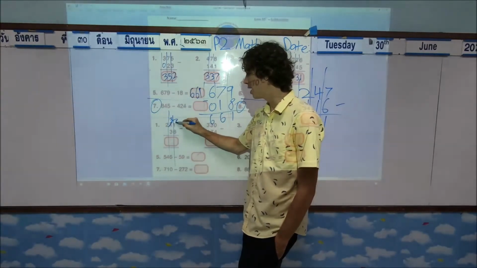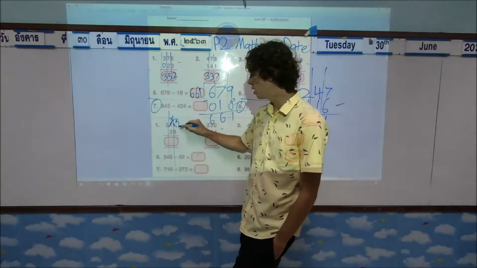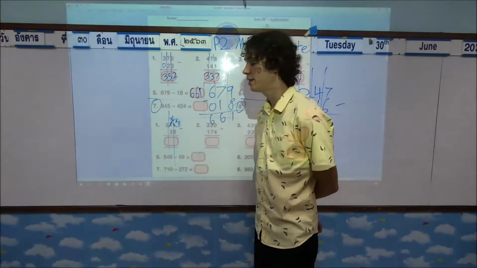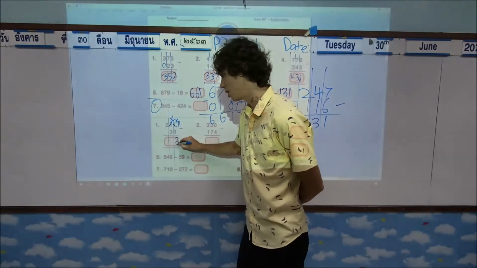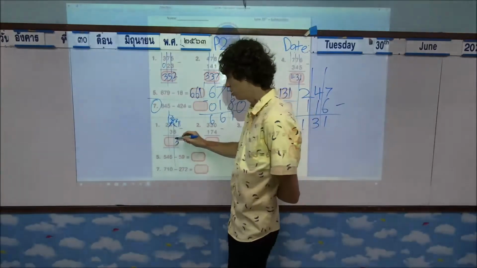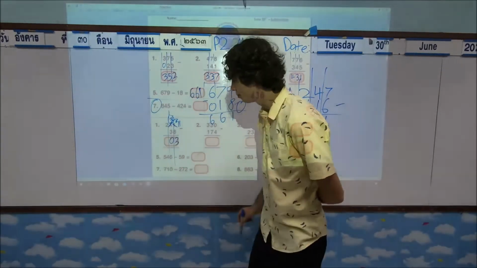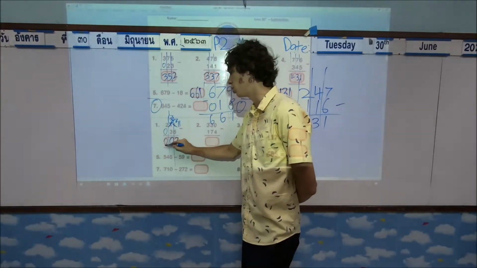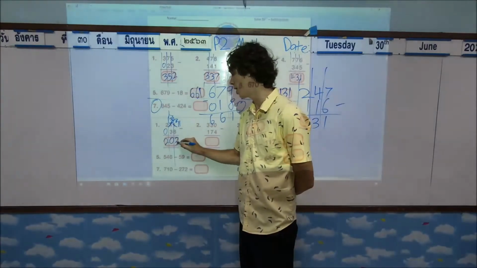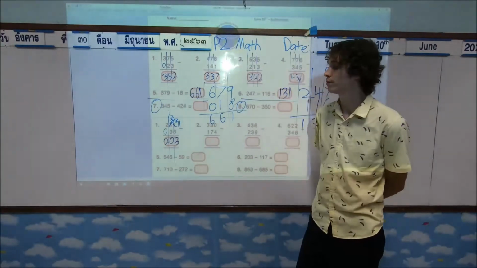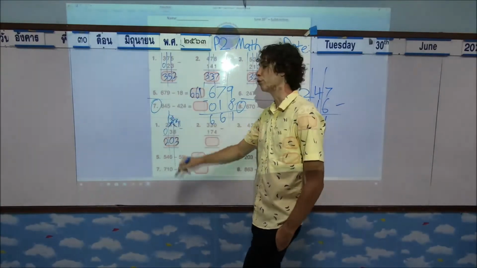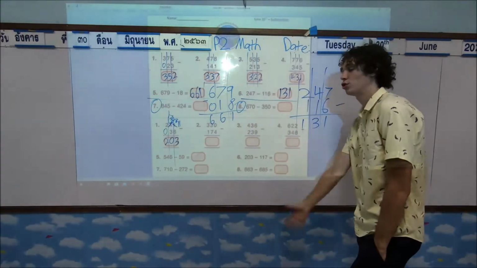Move the tens to here. So that's 11. 11 minus 8 is 3. 3 minus 3, 0. 2 minus 0 is 2. So the answer, 203. We have to borrow, use regrouping, change the group.